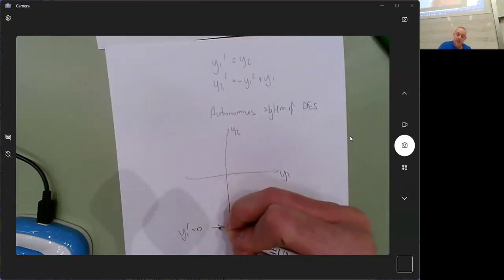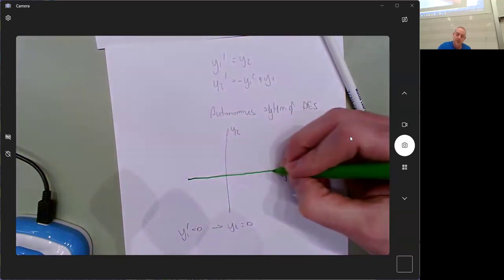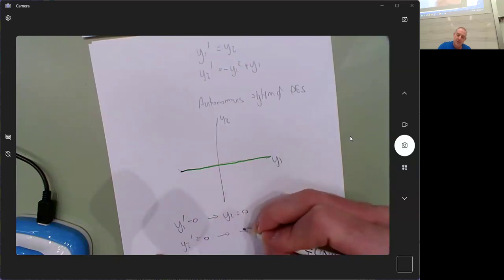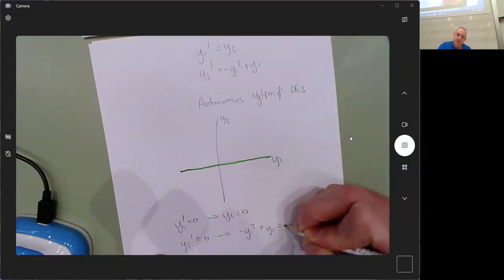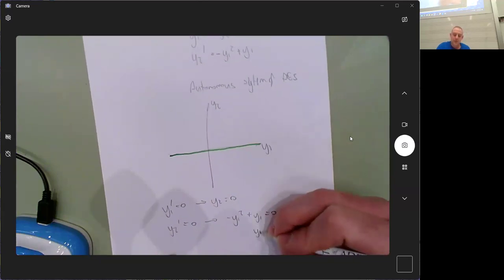So I'll get isoclines. y1 dashed equals 0 means that y2 is 0, which is this line. And y2 dashed equals 0 means that minus y1 squared plus y1 is 0, which will be 2 lines.